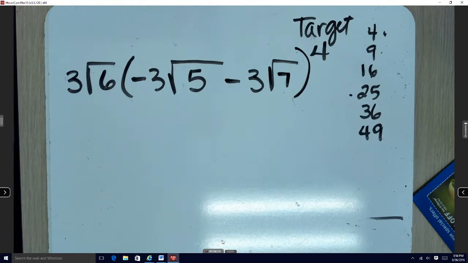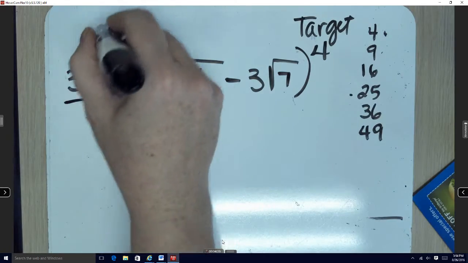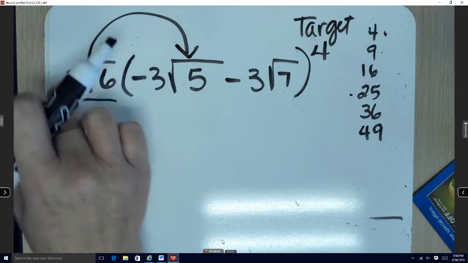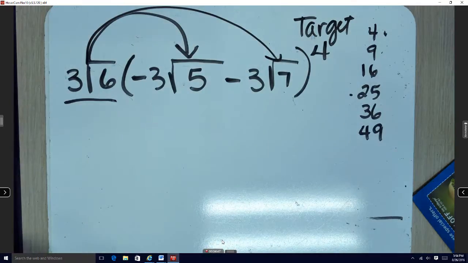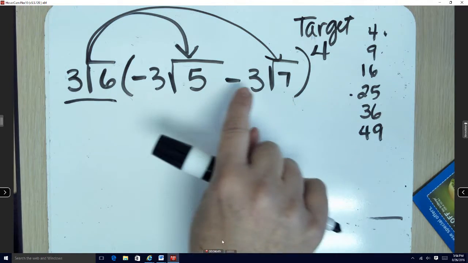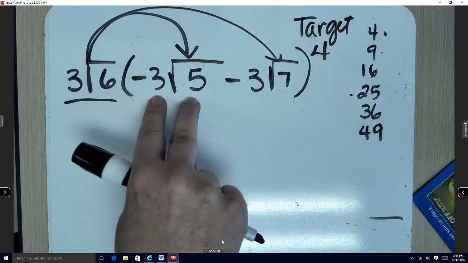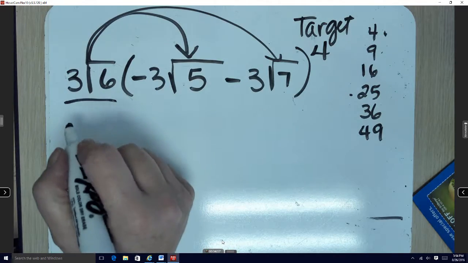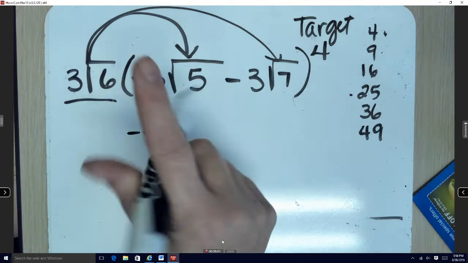So on this one, I would do this term times the first term. And then I have to do this out front times the second term. So there's 2 terms in here with subtraction. I'm just going to distribute this times the negative 3 radical 5, and this times negative 3 radical 7. So when I multiply that out, 3 times negative 3 is negative 9. 6 times 5 is 30.